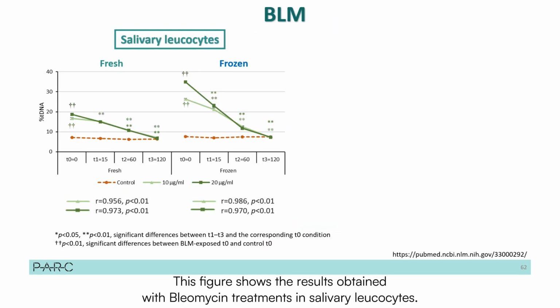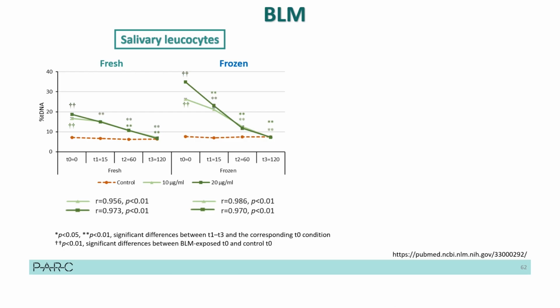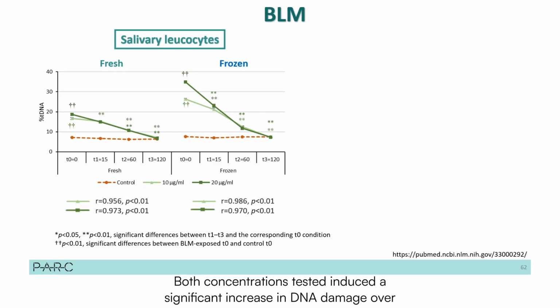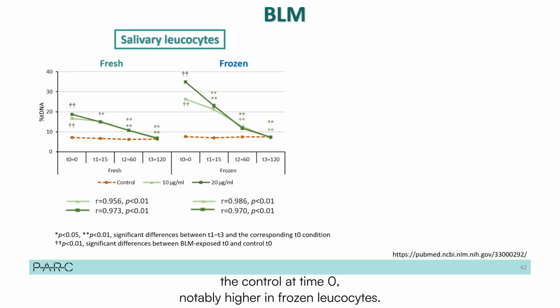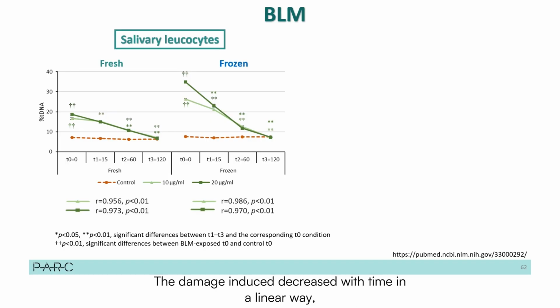This figure shows the results obtained with bleomycin treatments in salivary leukocytes. Both concentrations tested induced a significant increase in DNA damage over the control at time 0, notably higher in frozen leukocytes. The damage induced decreased with time in a linear way, returning to control values at time 3, 120 minutes, in all cases.